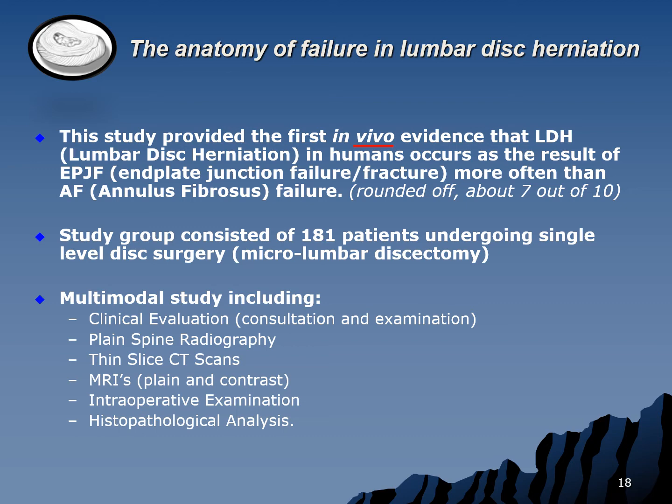So this was a great study, and it showed evidence that lumbar disc herniation in humans occurs as the result of end plate junction failure. That's an actual fracture. And it did that more often than failure of the annulus. It was about 7 out of 10. I'm going to show you exactly what we're talking about.